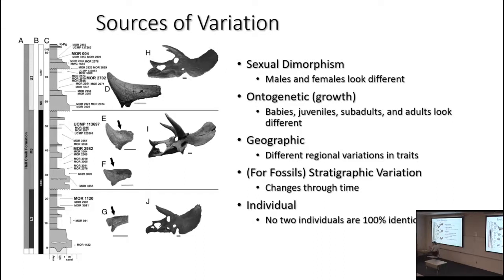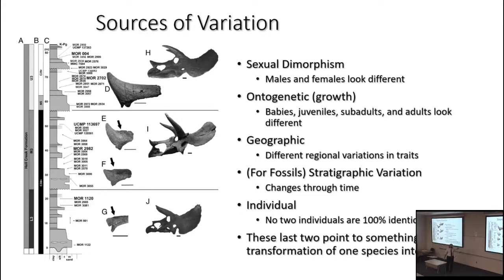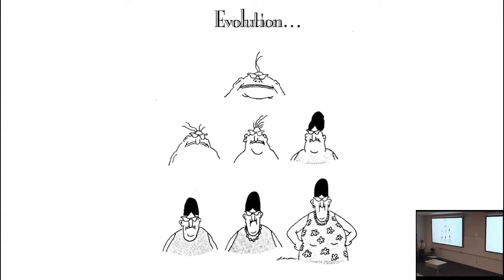And the recognition of that attribute, and actually tying this attribute with these others, in the 19th century led to one of the greatest discoveries in the history of science. So, these last 2 points in particular point to something bigger, and that is the transformation of one species into another. In other words, we're finally getting to the topic of evolution.